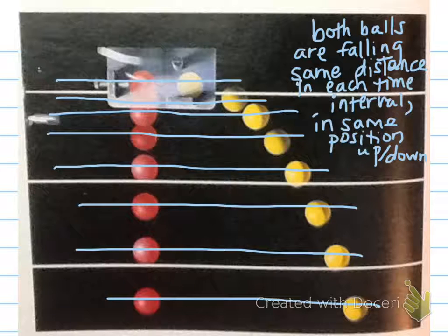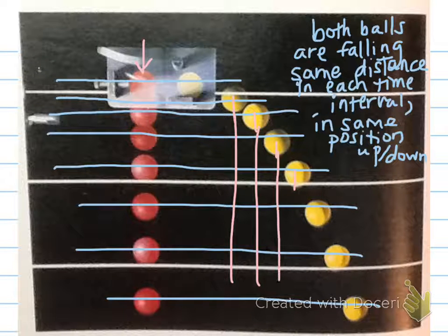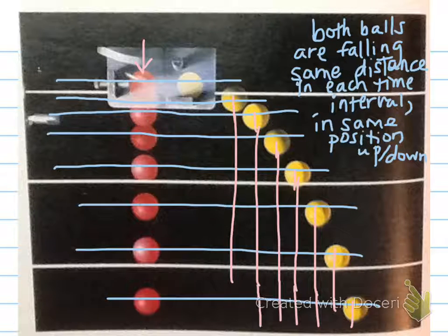Now, we also want to look at the horizontal component. We can't look at the horizontal component in this ball that falls straight down, but we can in this ball. Again, what we want to notice here is these distances. That distance that it's moving from left to right is staying the same.